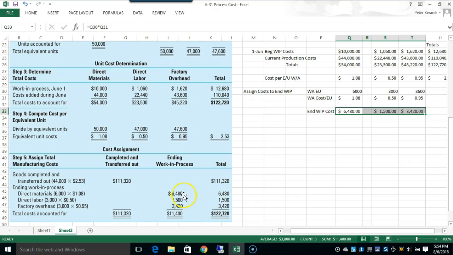And that's presented here. We did it across.